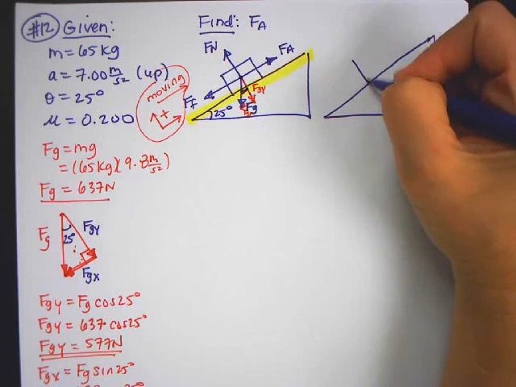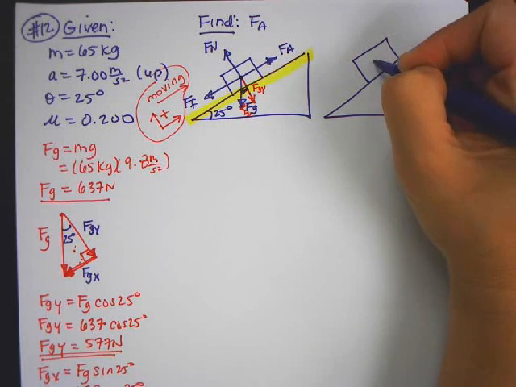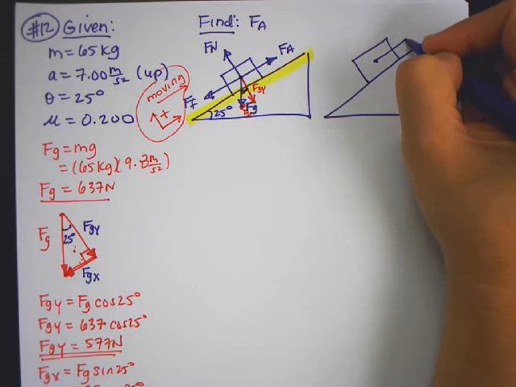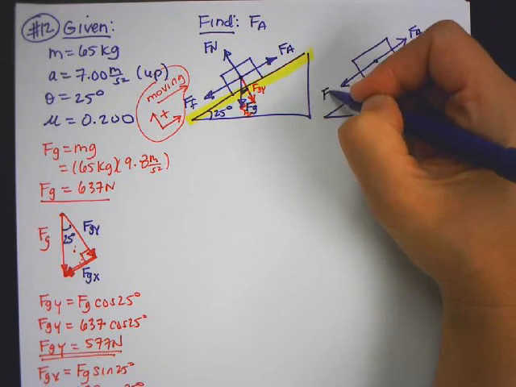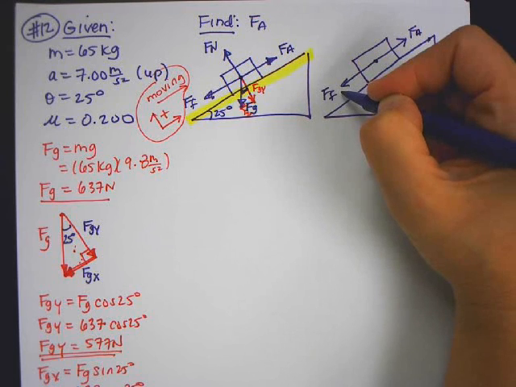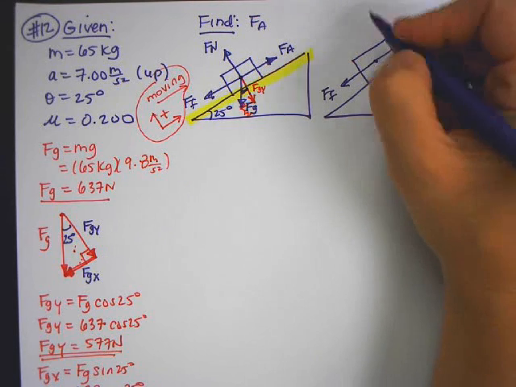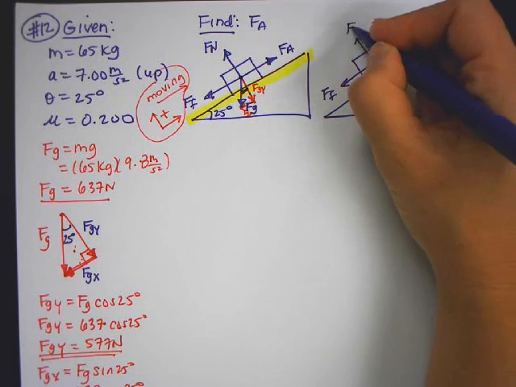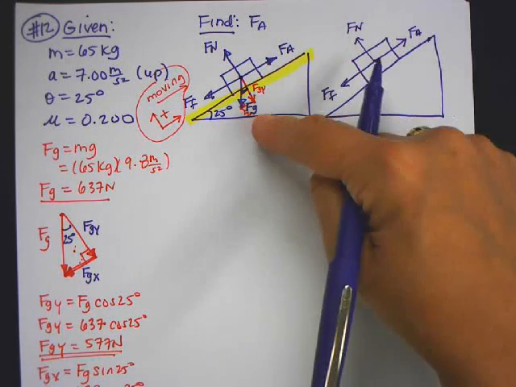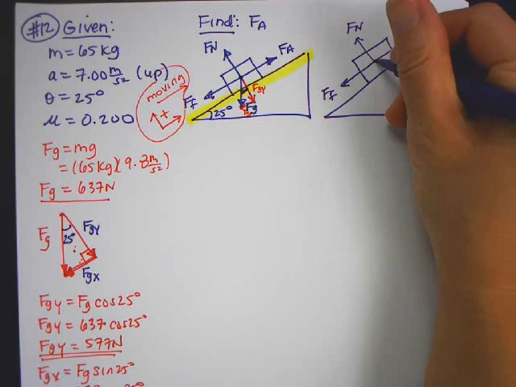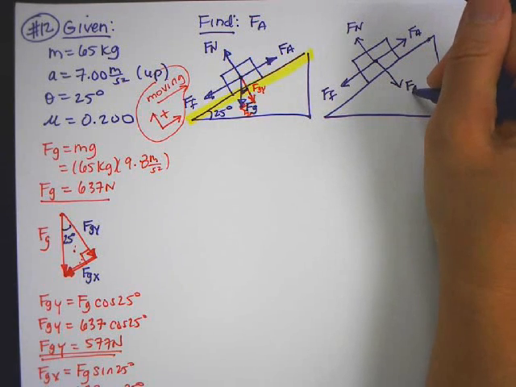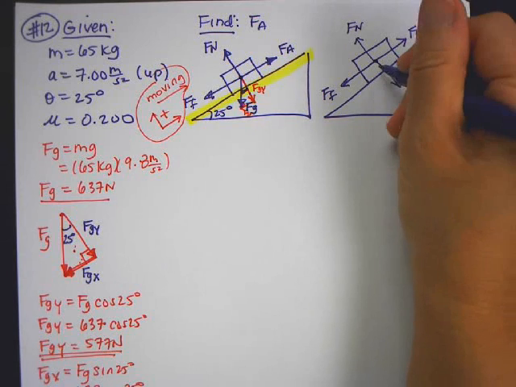I'm going to redraw everything the same. My applied force is going up the incline. My frictional force is going in the direction opposite motion, and it's parallel to the surfaces in contact. My normal force is perpendicular, and instead of F of G, I'm going to replace it with FGY and then FGX.